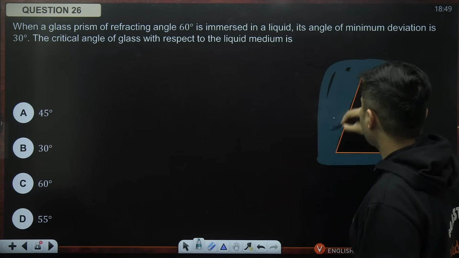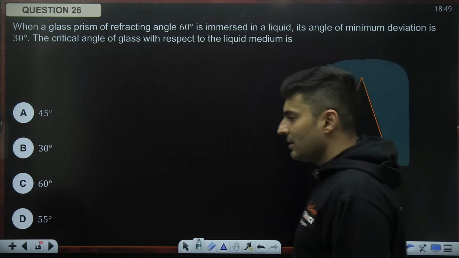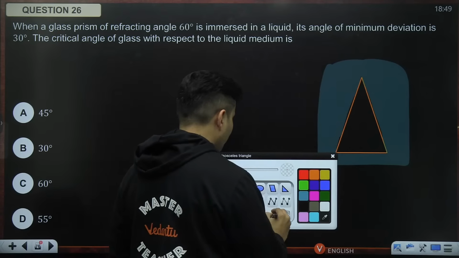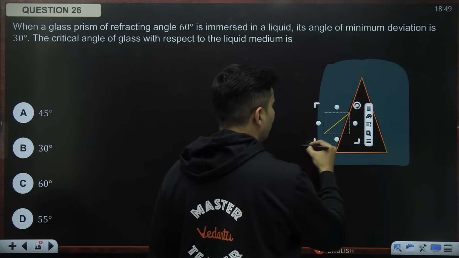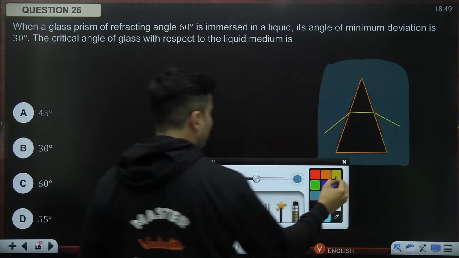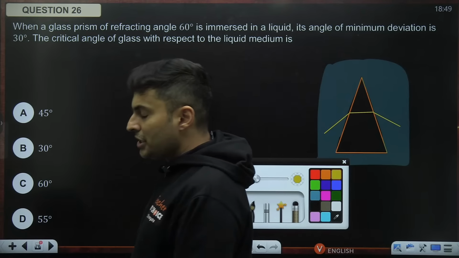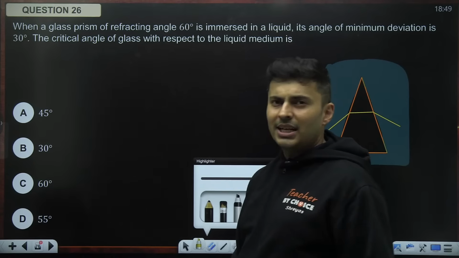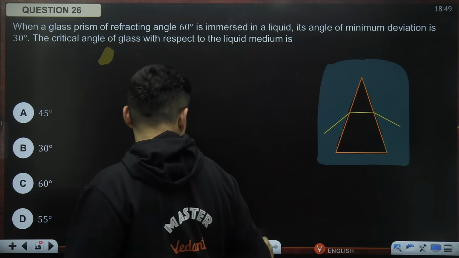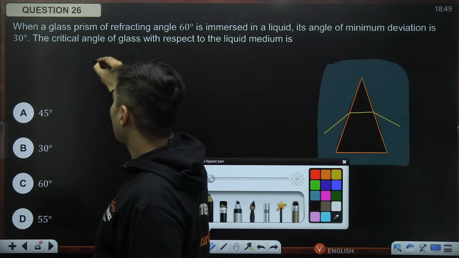Can you tell me what is the critical angle? Whenever minimum deviation occurs, certain formulas hold true. If I find the refractive index, I can get the critical angle.